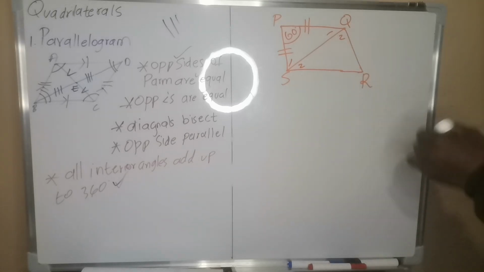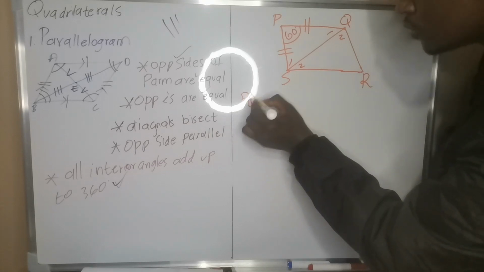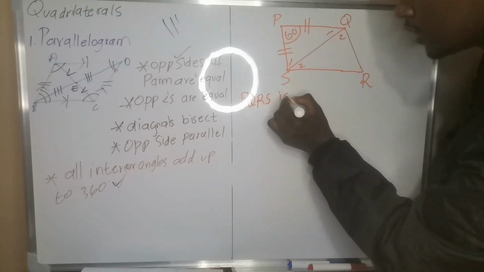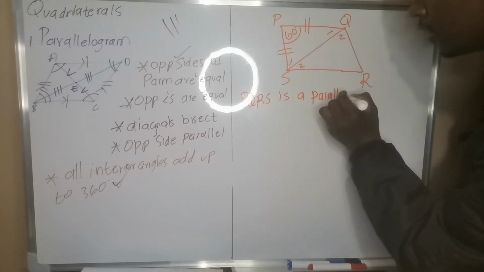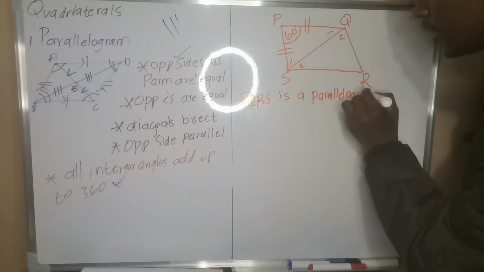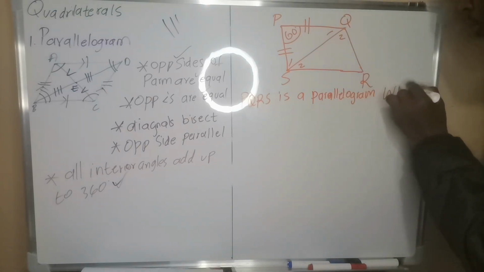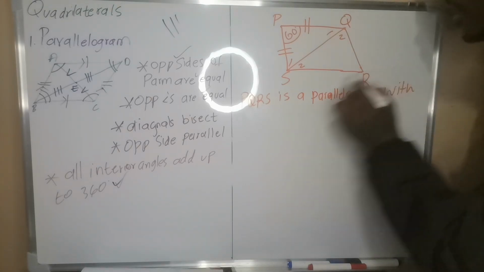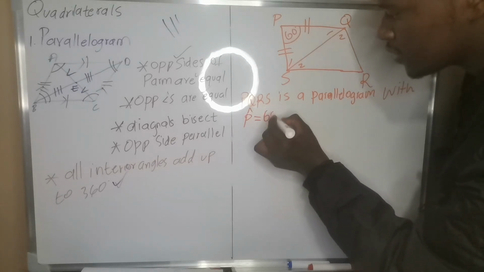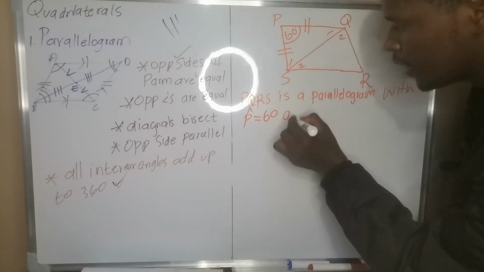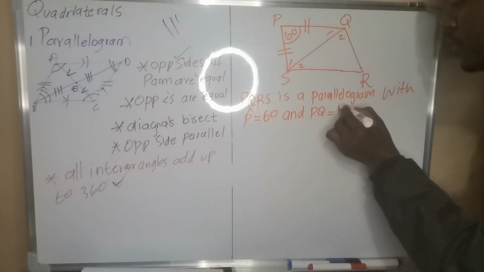Then now the question says PQRS is a parallelogram with angle P being equal to 60 degrees and PQ is equal to PS.